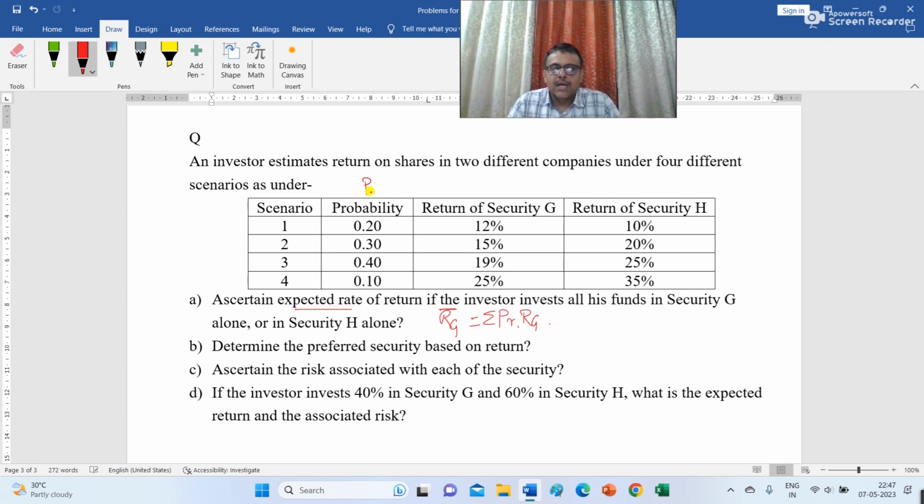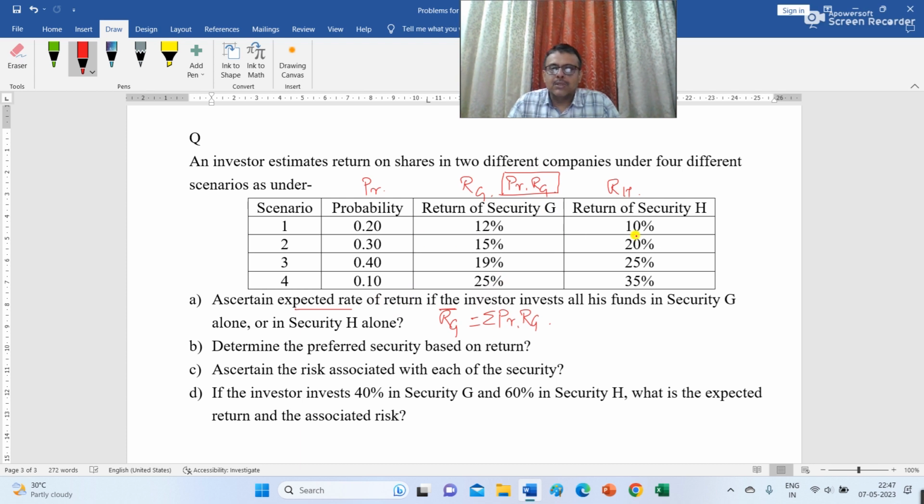So this is PR, that is the probability is given. This is the return of G and this is the return of H. So first of all, we need to calculate PR and RG. So we need to compute this parameter in order to find out the expected return of security G.